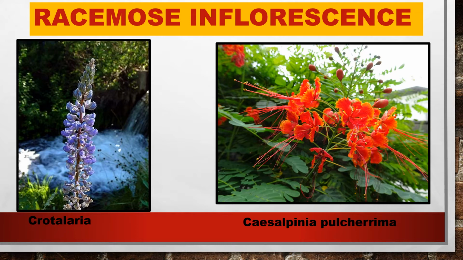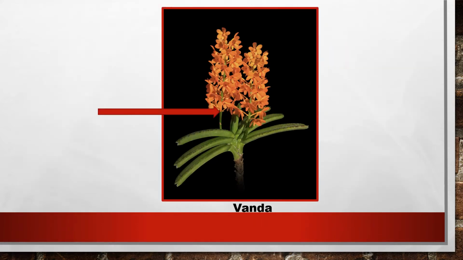In Caesalpinia pulcherrima also the younger flowers are borne on the tip and the older flowers are seen on the bottom of the peduncle. Next example is Vanda. In Vanda also you can see that the pedicel bears the flowers. As the pedicel bears the flowers, this type of flowers are known to be pedicellate flowers.